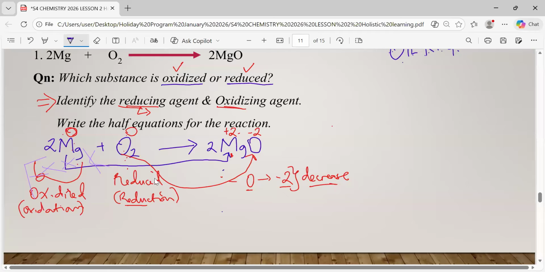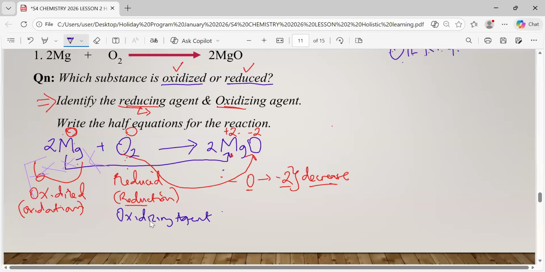Actually, last time in our first lesson, we were comparing it with soil erosion. We were talking about agents of soil erosion, and we said that these are substances or things that cause erosion to take place. So what causes erosion to take place, we call an agent of soil erosion. In this case, when we talk about an oxidizing agent, this is something that causes oxidation to take place. So when you see oxygen, oxygen becomes our oxidizing agent.